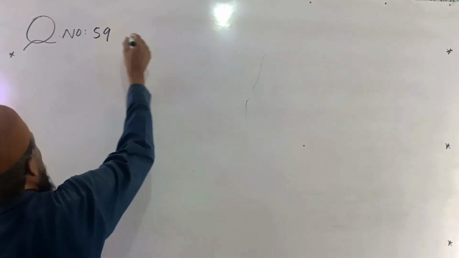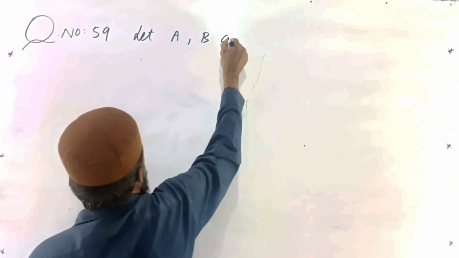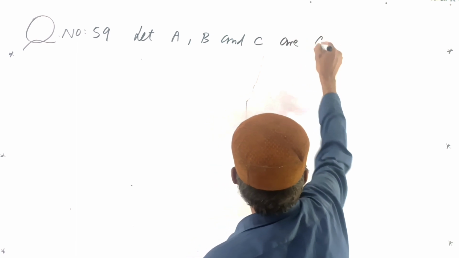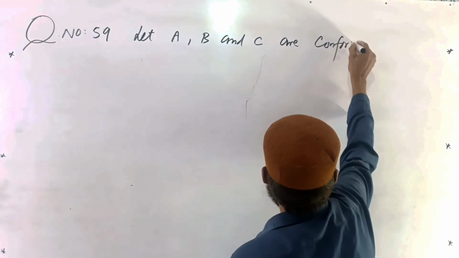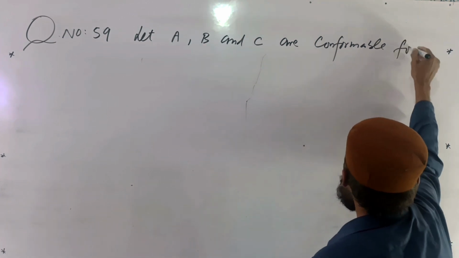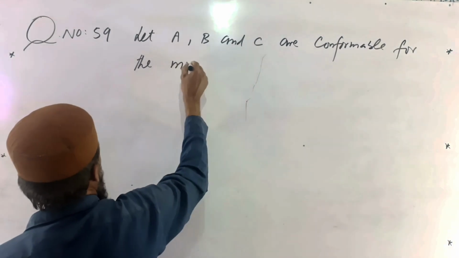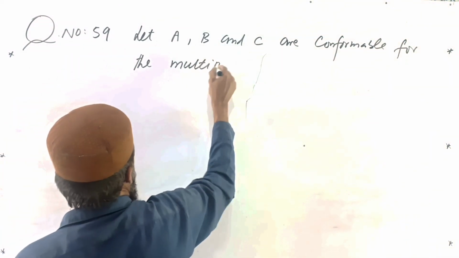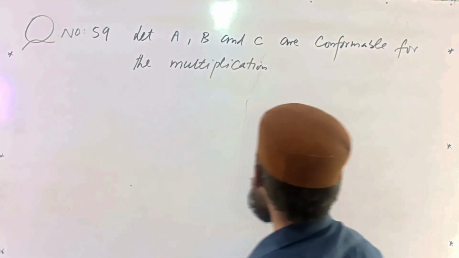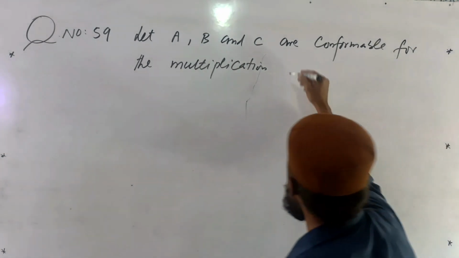Question number 59. Let A, B, and C be conformable matrices for multiplication.